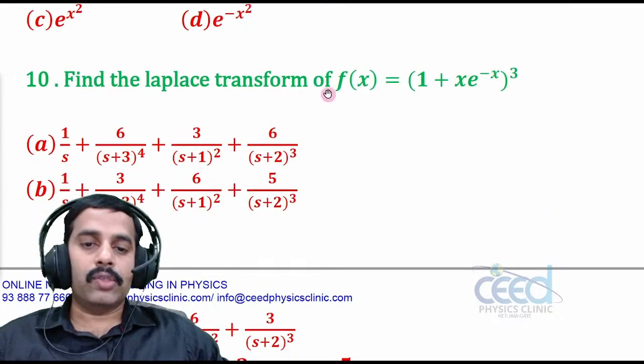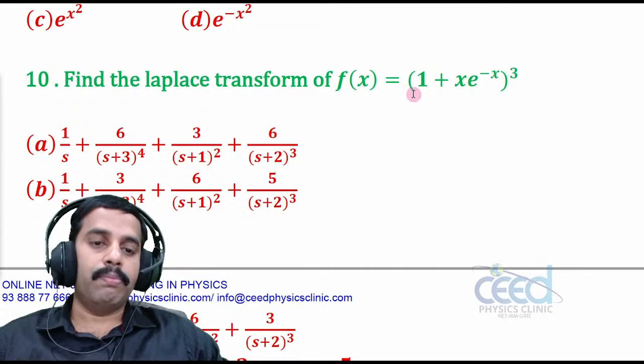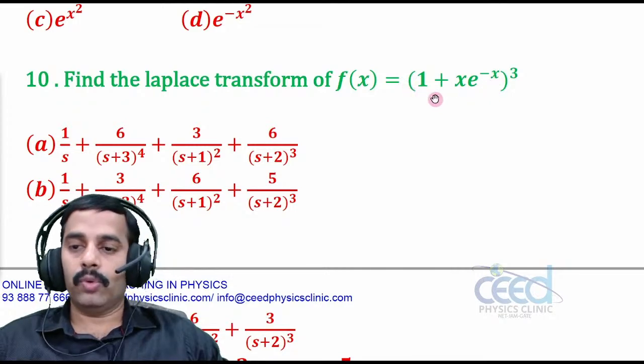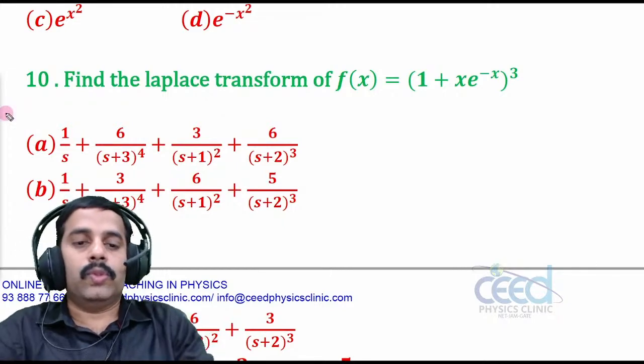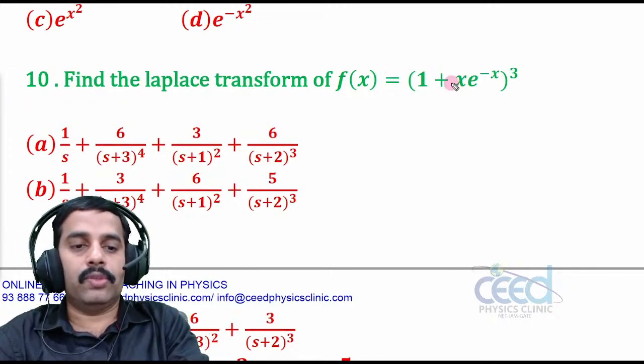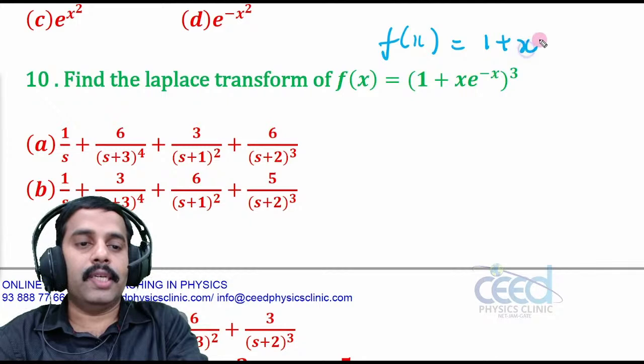Find the Laplace transform of f of x equal to (1 plus x e raised to minus x) whole cube, right? So we can expand this first to make it in the standard form. f of x is equal to (1 plus x e raised to minus x) whole cube.